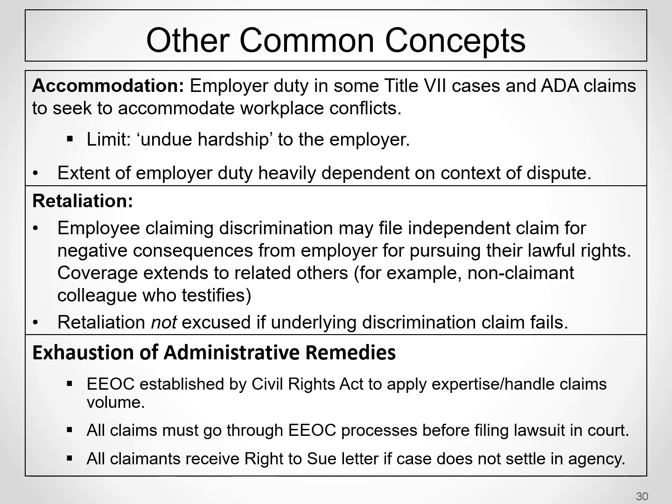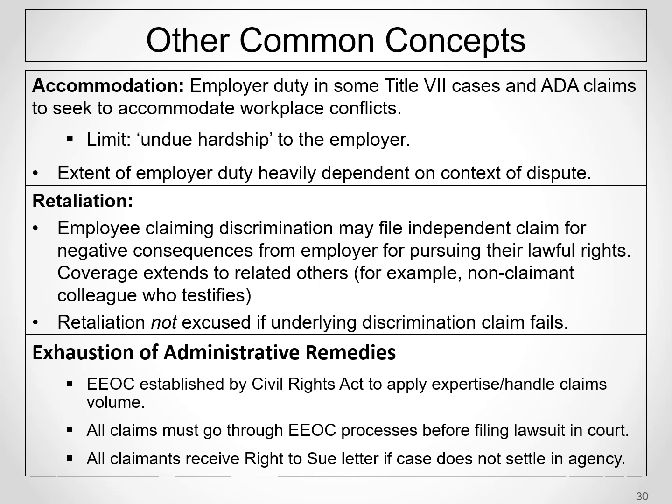So they can still say, I felt like I was discriminated against. I brought this action. I didn't win my case for this action, but as a result of this action, I was retaliated against at work. Whatever situation happened, that's what an employee can bring as part of their case. So retaliation is not excused even if the underlying discrimination fails. That behavior is still not justified.